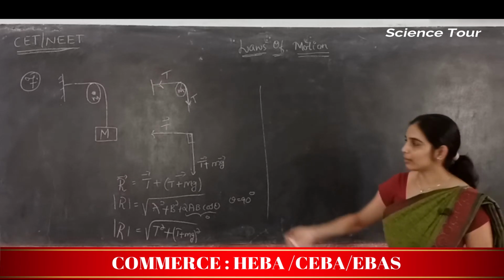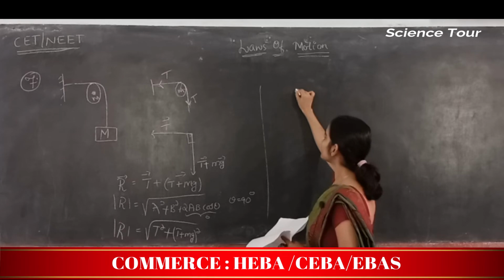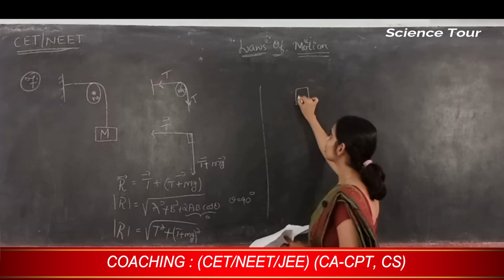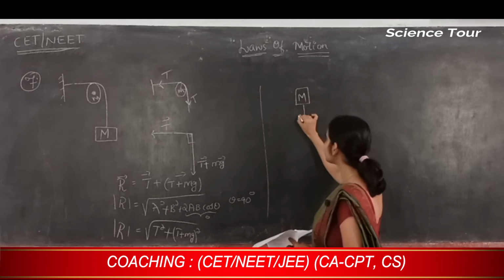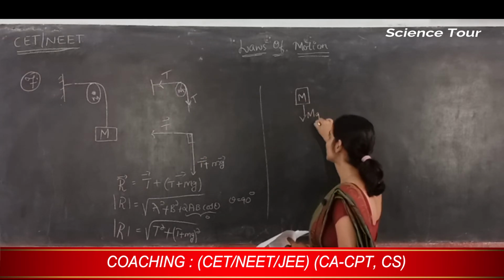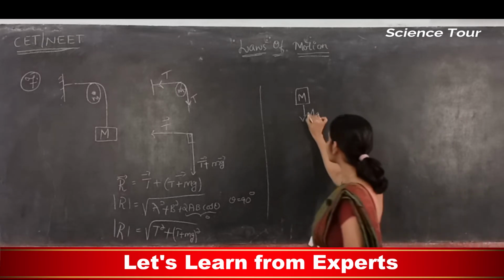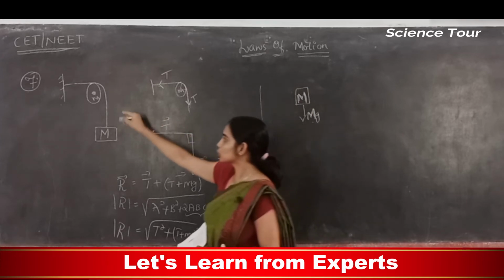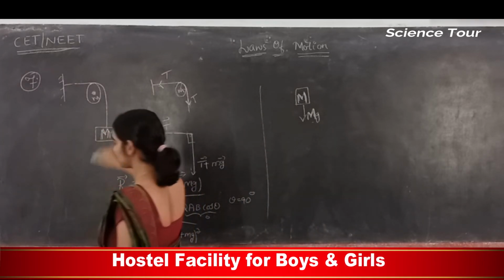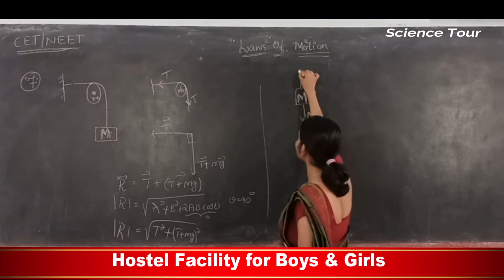How to convert T? For that, draw the free body diagram of M, the block. What are the forces acting on the block? One is its own weight, that is capital M into g. Here it is small m, this is capital M. And the upward force is tension.